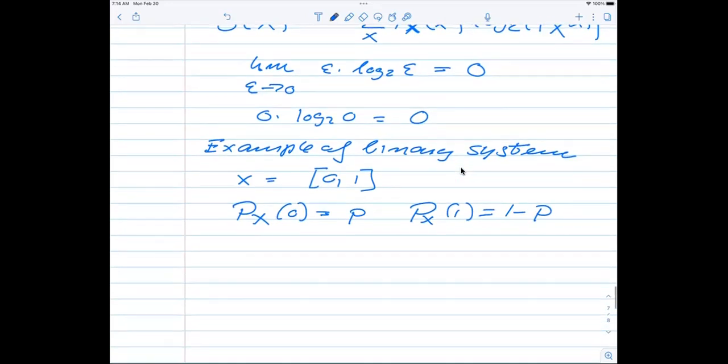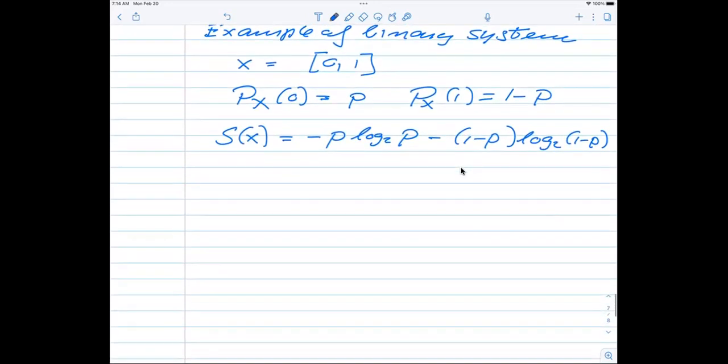And if I calculate the entropy S of x in our case, that is going to be equal to minus P times log 2 of P, minus 1 minus P times log 2 of 1 minus P. And then we can plot this quantity.